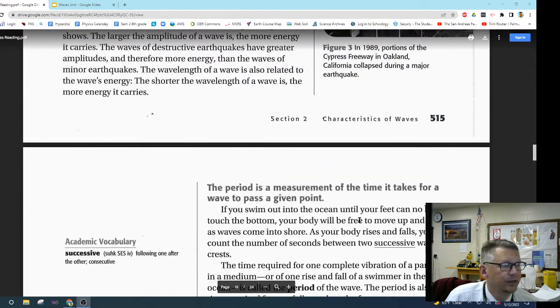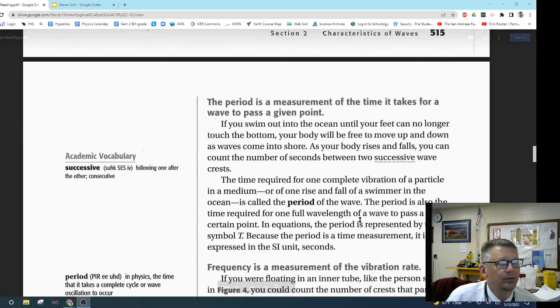The period is a measurement of the time it takes for a wave to pass a given point. If you swim out into the ocean until your feet can no longer touch the bottom, your body will be free to move up and down as the wave comes to shore. As your body rises and falls, you can count the number of seconds between two consecutive wave crests.